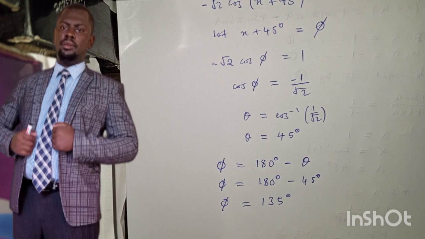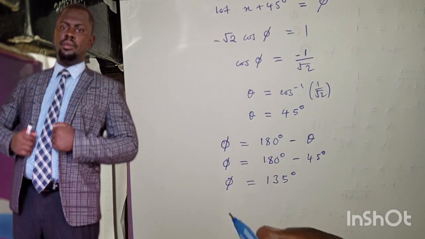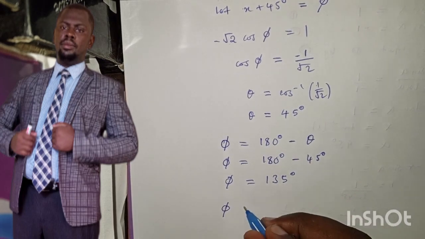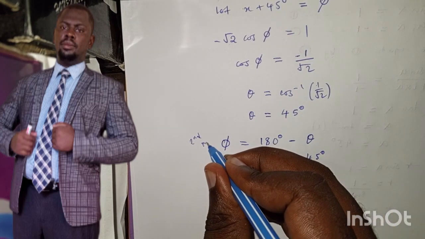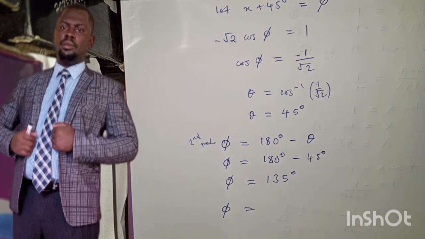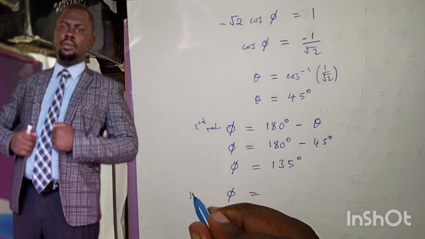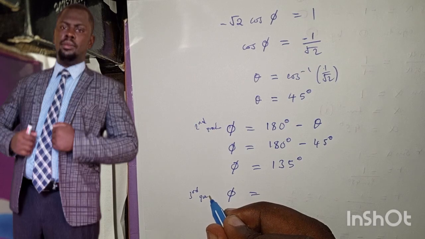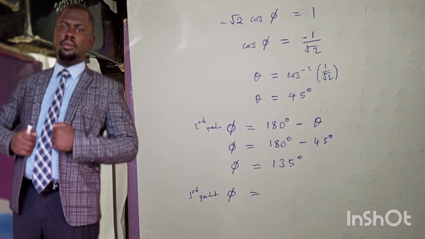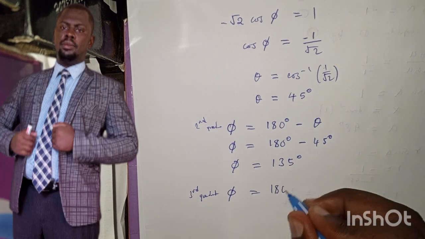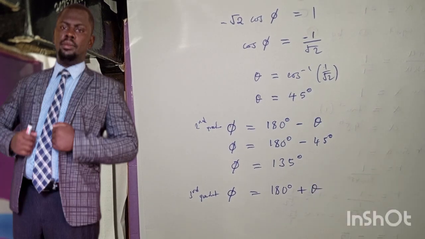The other quadrant where cos is negative is the third quadrant. In the third quadrant, phi is equal to 180 degrees plus theta.